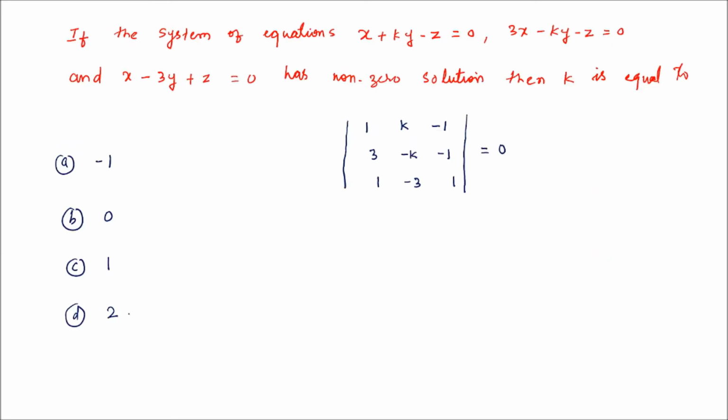So let us write: if the system of equations x plus ky minus z equals 0, 3x minus ky minus z equals 0 and x minus 3y plus z equals 0 has a non-zero solution. Given the system of linear equations has a non-zero solution, that implies the determinant obtained by the coefficients of x, y, z is 0.